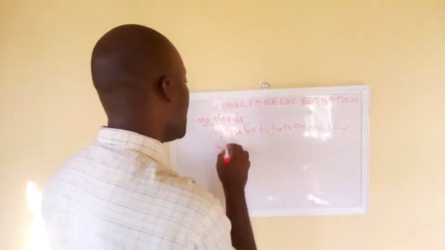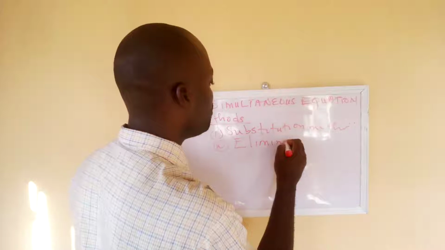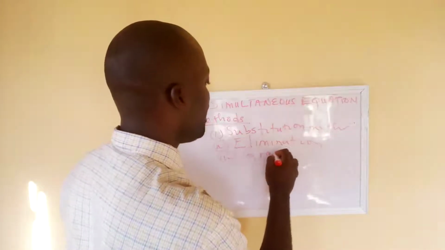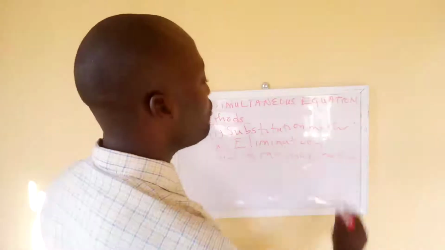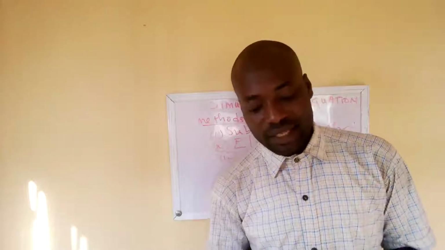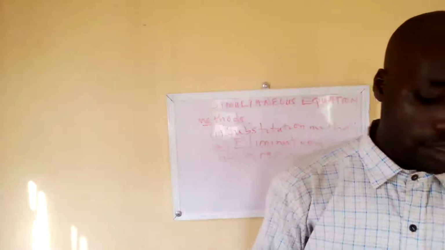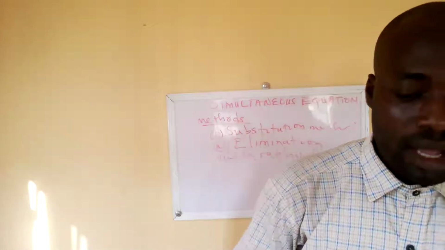Then we can also have the elimination method. Then the last one is the graphical method. If you use any of these methods in solving simultaneous equation, it is expected that you get the same answer. So whichever method you are using, you are to get the same answer.